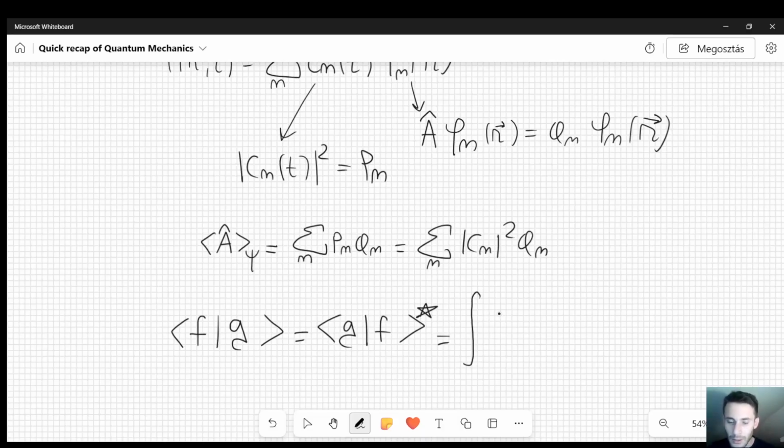So with an integral I have f star of r g of r d3r, where instead of using the ket g, I'm using the function g of r, whereas instead of using the bra f, I'm using the function f star, so I have the complex conjugate of f of r. And indeed, a bra or a ket, if you want, can be thought of as vectors, just like a function.